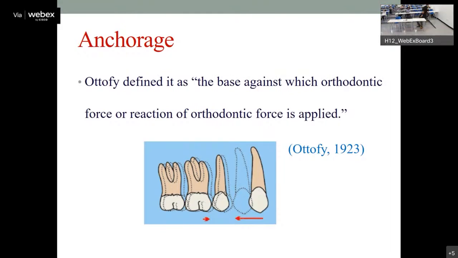So here the wanted tooth movement is distal movement of the canine into the extraction space, and of course the incisors, to reduce, for example, increased overjet or to align crowded incisors. But the unwanted tooth movement, we don't want the posterior segment to move back. So we need to hold the posterior segment through anchorage reinforcement.